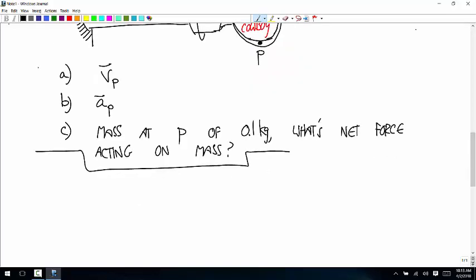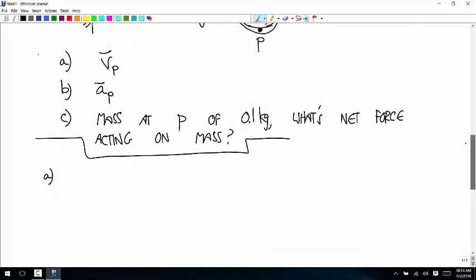And we know we're going to use the equation. So for A, we're going to use an equation that says the velocity of that point P is equal to the observed velocity of P plus the angular velocity of the coordinate system crossed with the position vector.